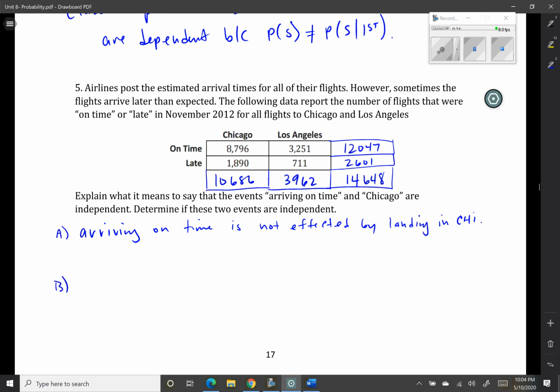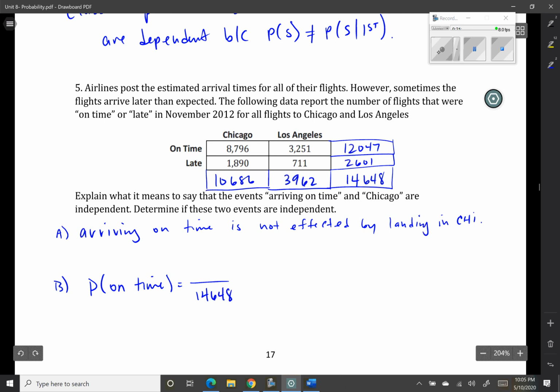The second part is asking to show whether or not the two events are in fact independent. So if we were to show that these two events are independent, we have to prove that the probability of one event is the same as the probability of that event happening given the other event in this problem. So we can say, well, what's the probability of a flight being on time? So out of this whole chart, there are 14,648 flights.